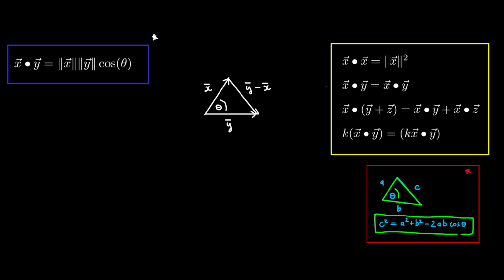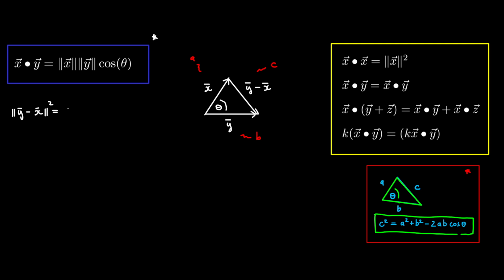Then using this law of cosines, if we think about the length of this vector x here, let's think about this as the side A, and think about this here as the side B, and think about this vector here as the side C, then using the law of cosines, we can express the length of this side length C just according to this formula here.